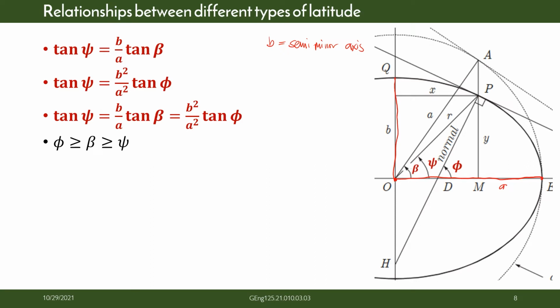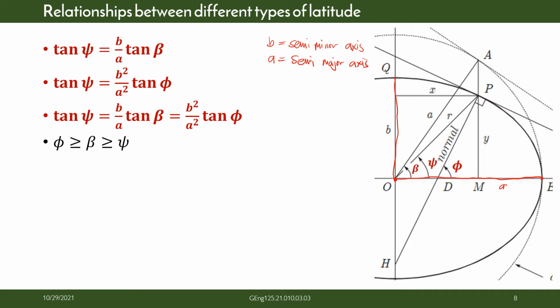So if you're given any kind of latitude and you are given the parameters, then you can solve the other latitudes. So a is your semi-major axis.